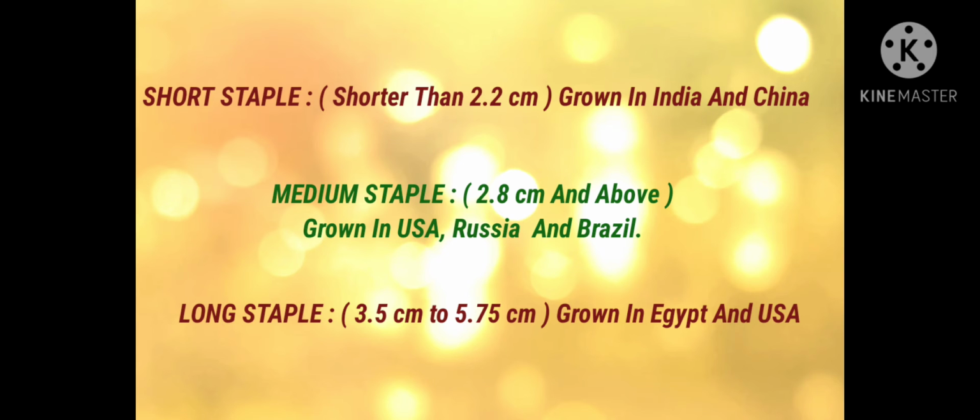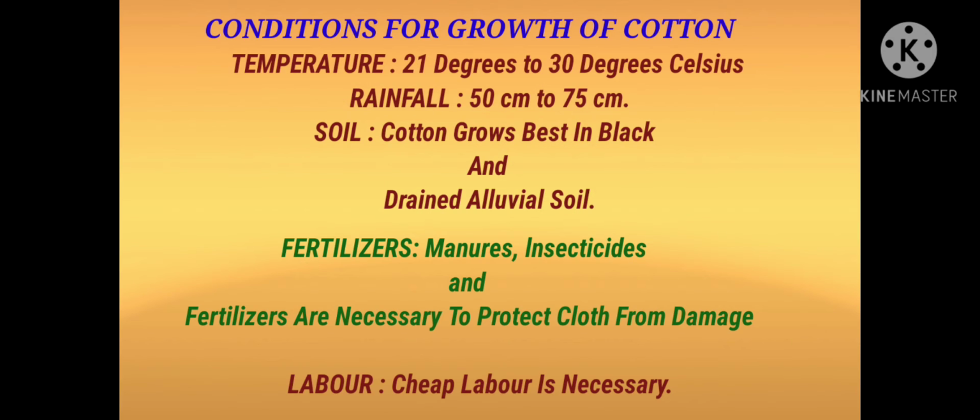Climatic conditions that are necessary for the growth of cotton include high temperature of 21 degrees Celsius to 30 degrees Celsius, and as heavy rainfall often damages the crop, rainfall should be between 50 centimeters to 75 centimeters. Cotton requires at least 200 frost-free days.